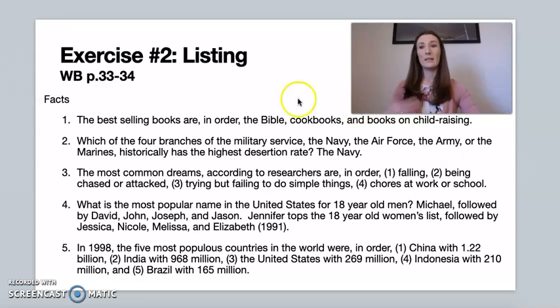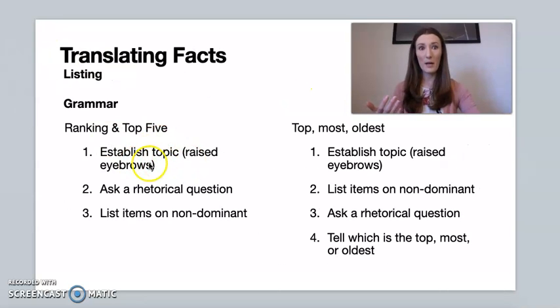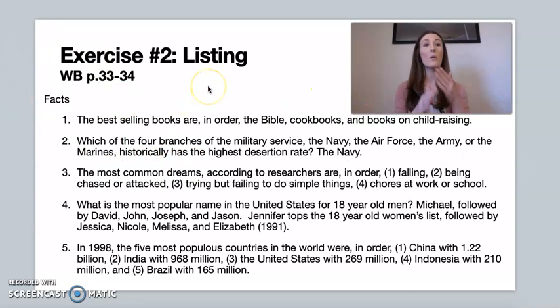So we establish our topic. Okay, so best-selling books. What? Ask our rhetorical question. 3. Bible. Cookbooks. Books about child raising. Okay.